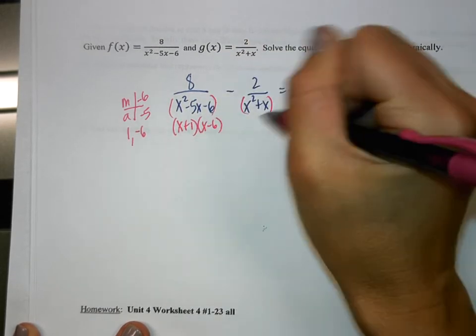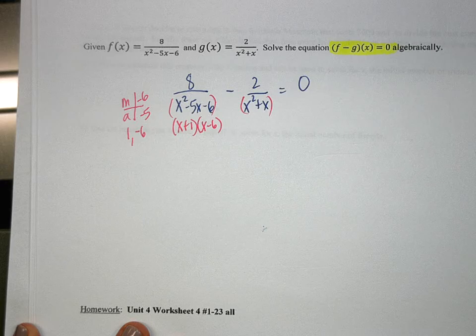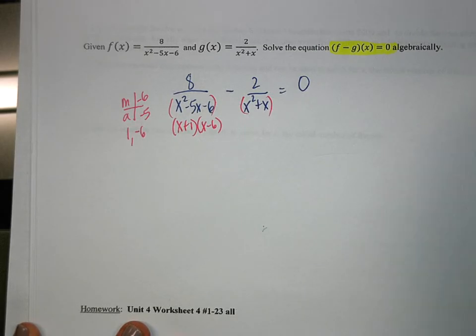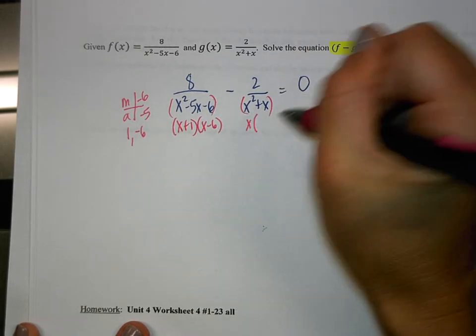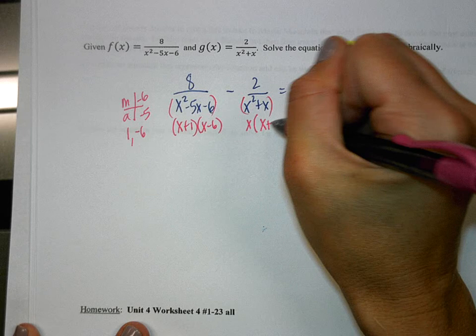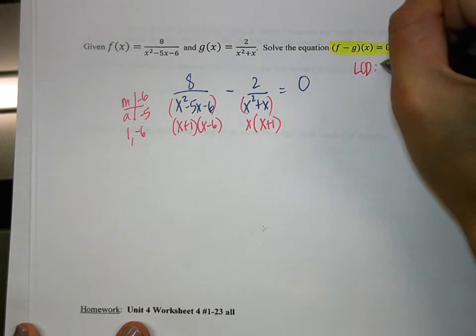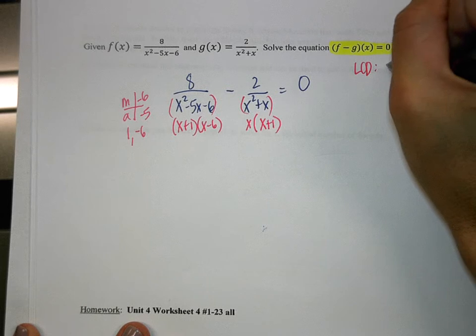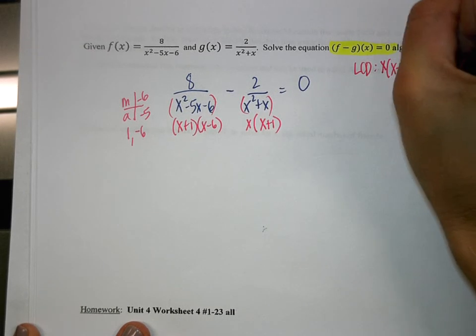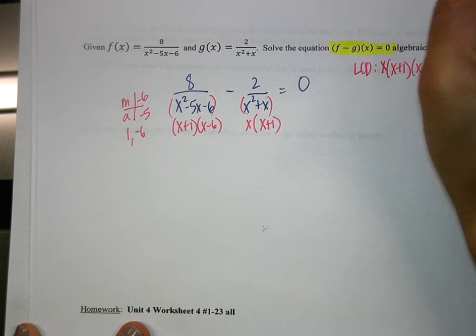Can this one factor? Take out an x and you're left with x plus 1. Okay, so what is my LCD? X plus 1, or x. Right, so we need that x plus 1, and x minus 6.